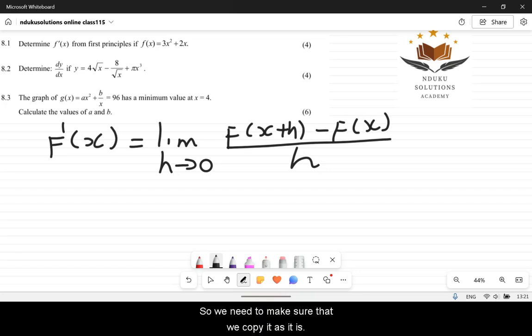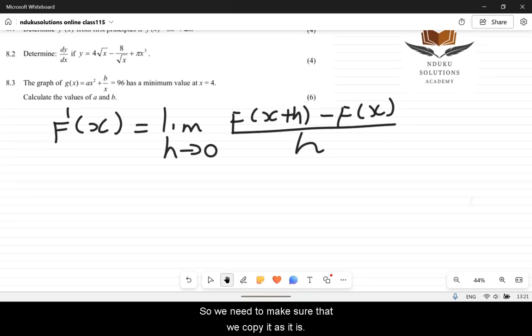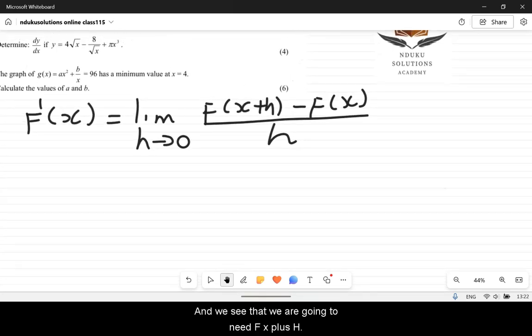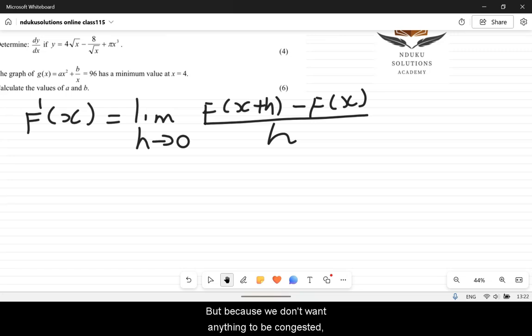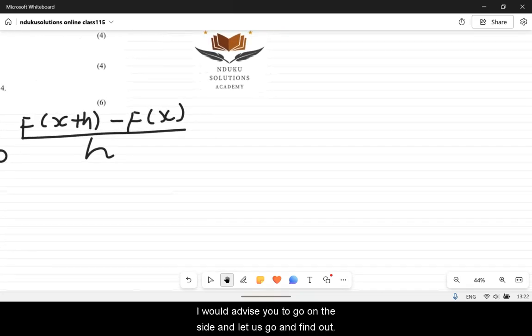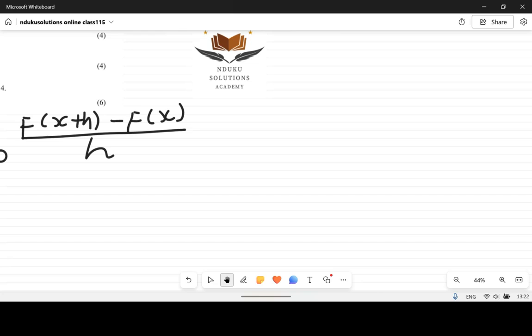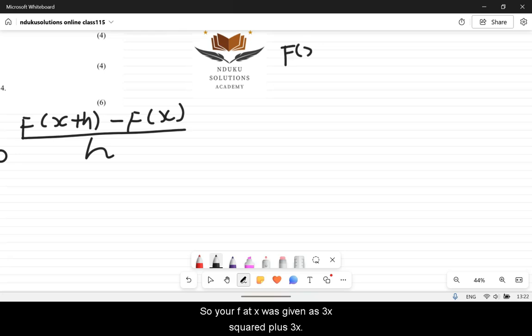We need to make sure that we copy it as it is, and we see that we are going to need f at x plus h. But because we don't want anything to be congested, I will advise you to go on the side and find out f at x plus h. So your f at x was given as 3x squared plus 2x.